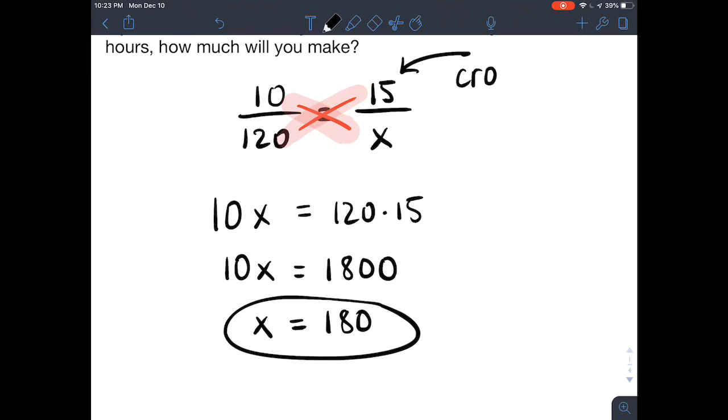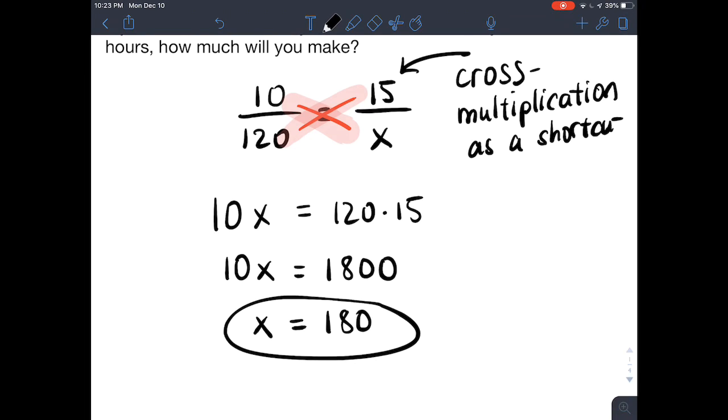So cross multiplication here is a shortcut, but it's not a type of multiplication.